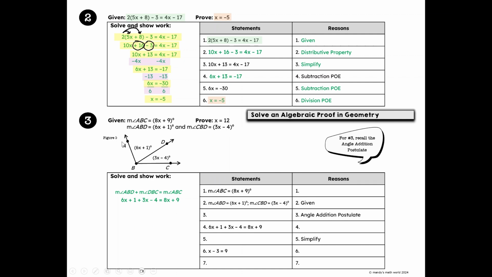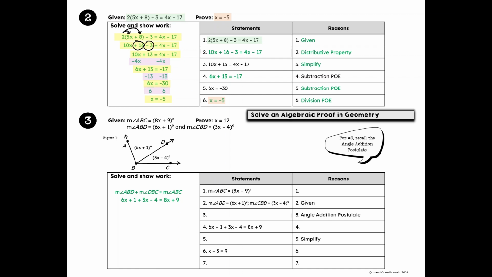I know 6x plus 1 represents the measure of angle ABD. 3x minus 4 represents the measure of angle DBC. And 8x plus 9 represents the entire angle measure. So now I have my algebraic equation. You need one algebraic equation when you have one variable to solve for the value of that variable. So I've written that equation. So now we just need to solve it.